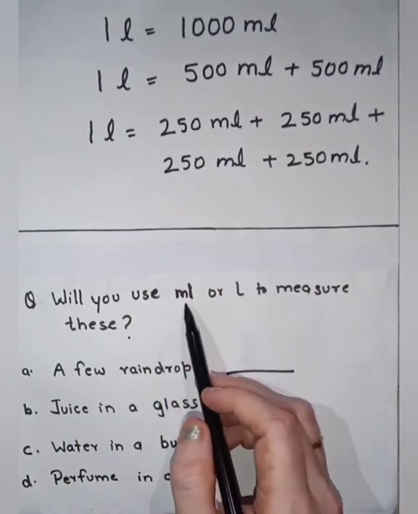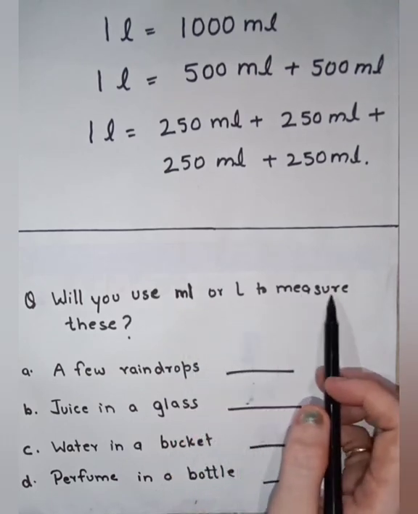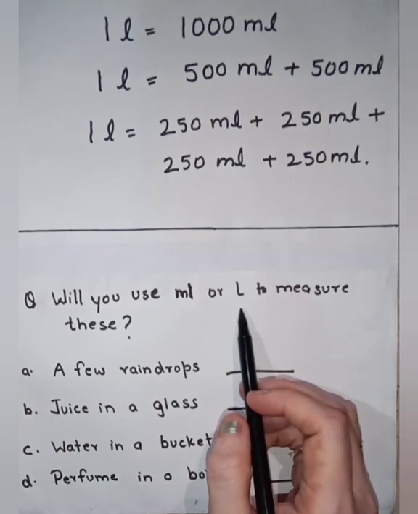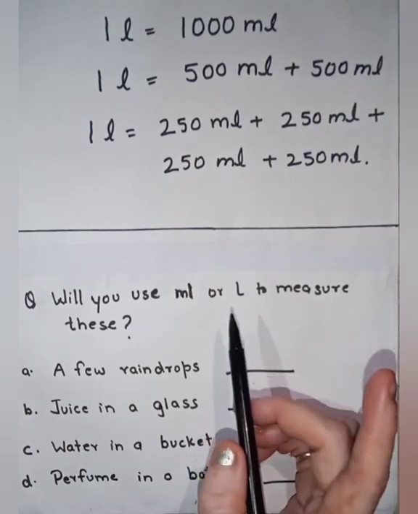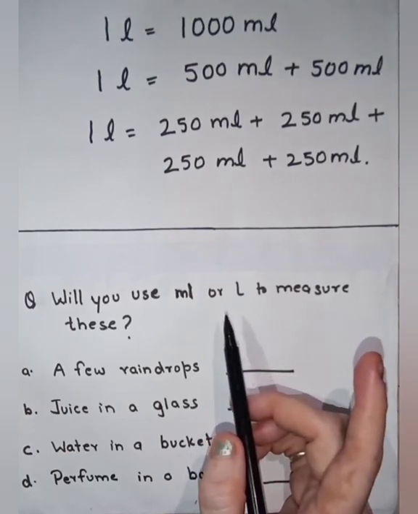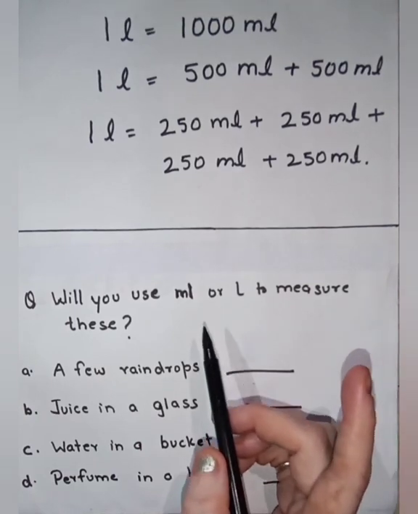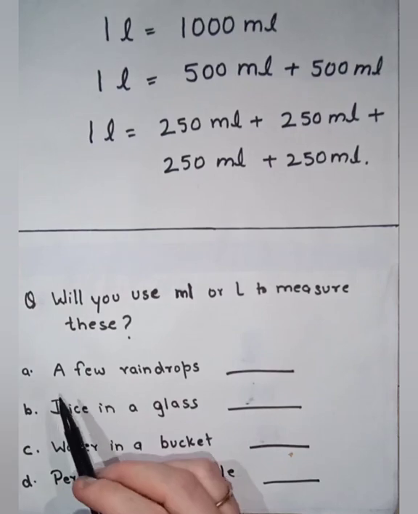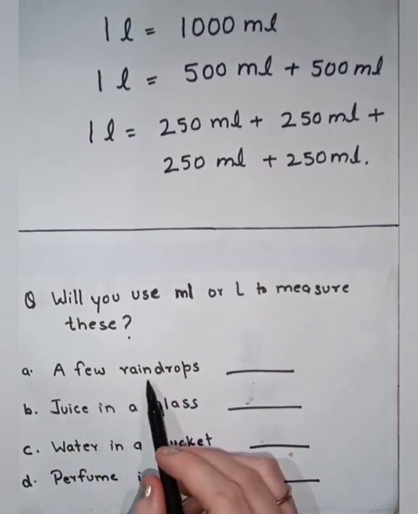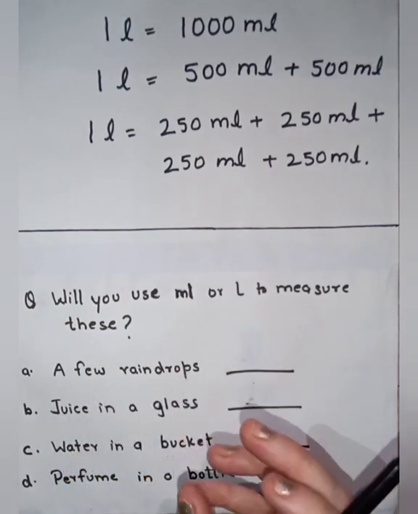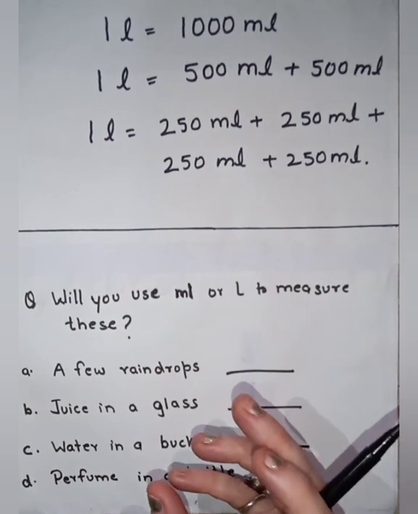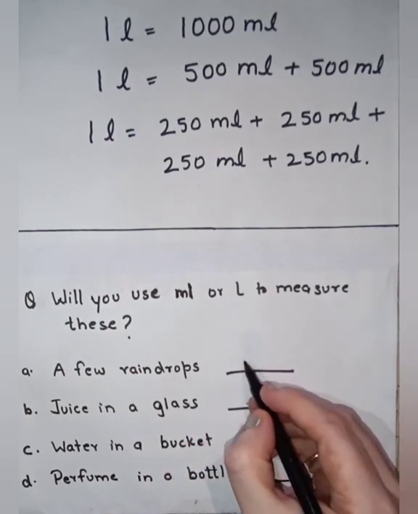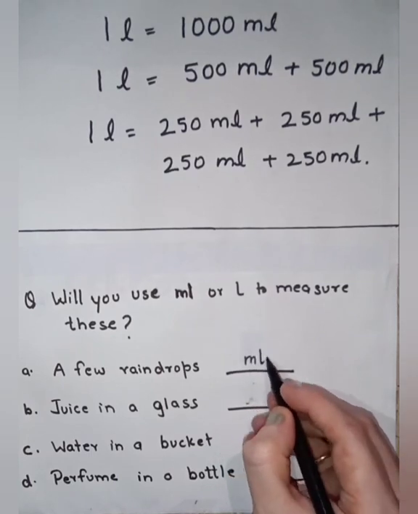Will you use milliliter or liter to measure these? We have to write milliliter or liter. You know that for smaller quantities, we are using milliliter and for larger quantities, we are using liter. Okay. First one is a few raindrops. So, a few raindrops means small quantity. So, we will write milliliter.